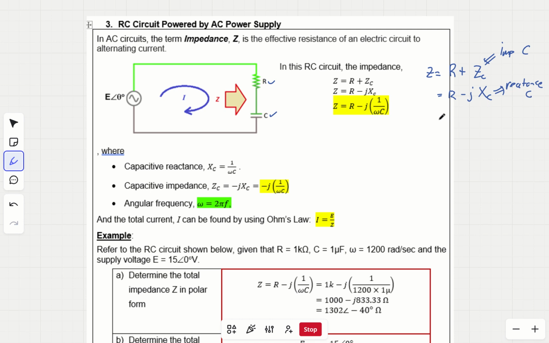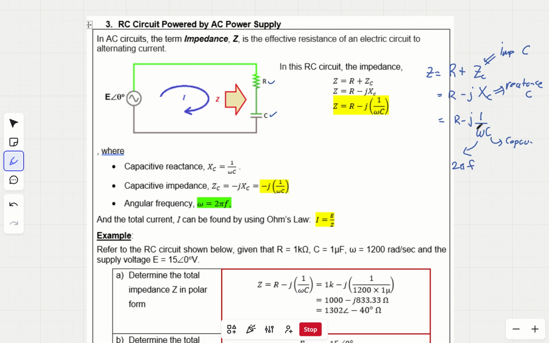And the equation of XC is just 1 over omega C. C is the capacitance, the value of the capacitance here, and omega we have seen previously is the angular frequency, which is given by 2 pi f. f is the frequency.